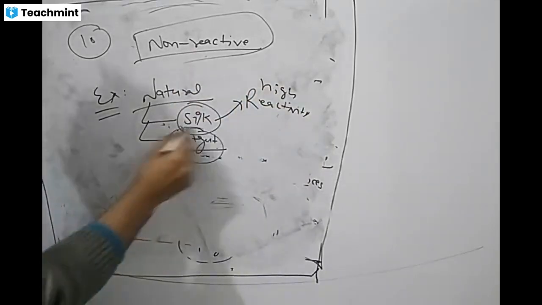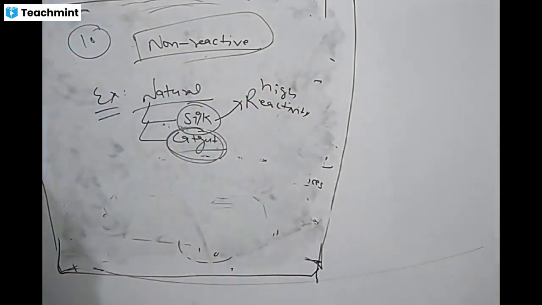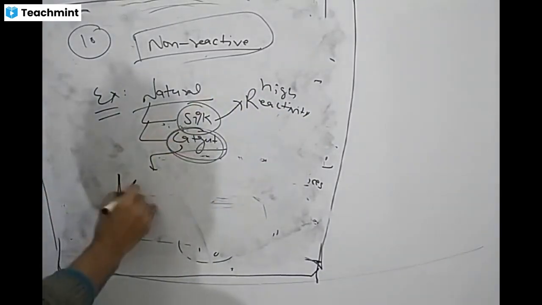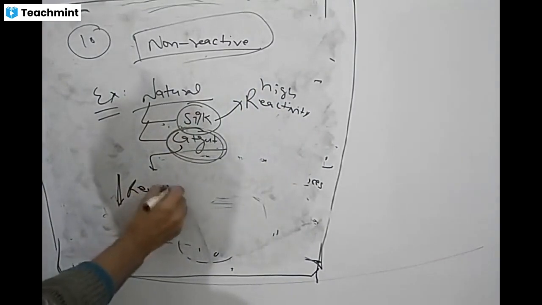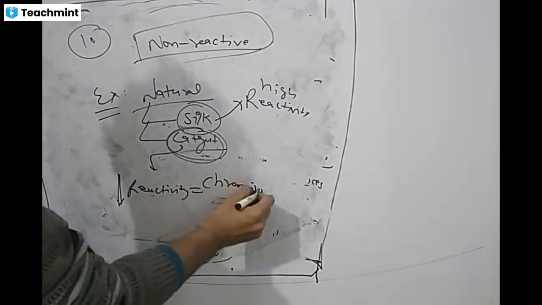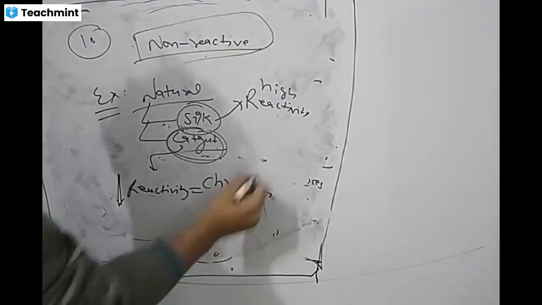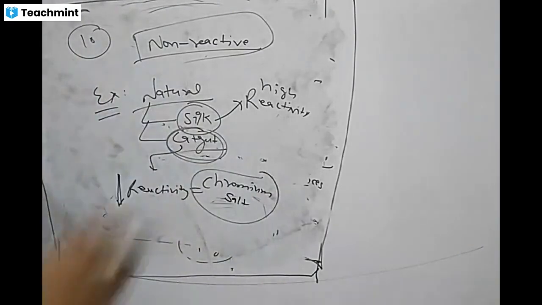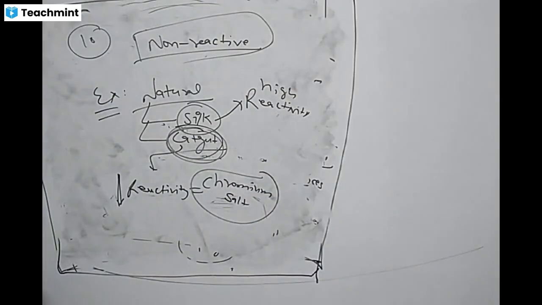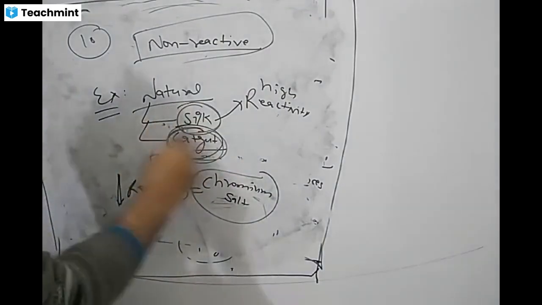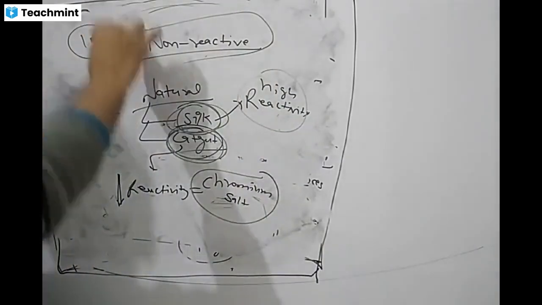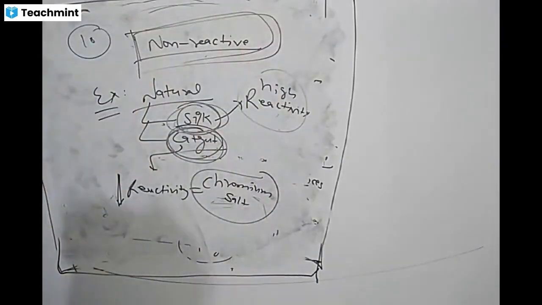But in case of catgut, we have one option to reduce this reactivity. How can we reduce the reactivity? We add chromium salt. So by adding chromium salt, the reactivity of catgut may decrease to some proportion. But silk is the highly reactive suture material. So our suture material must be non-reactive.